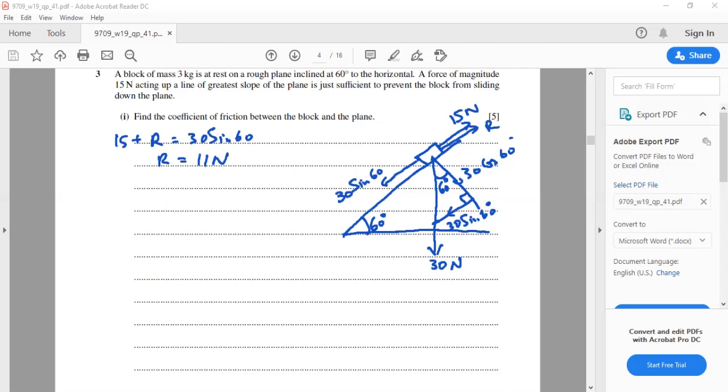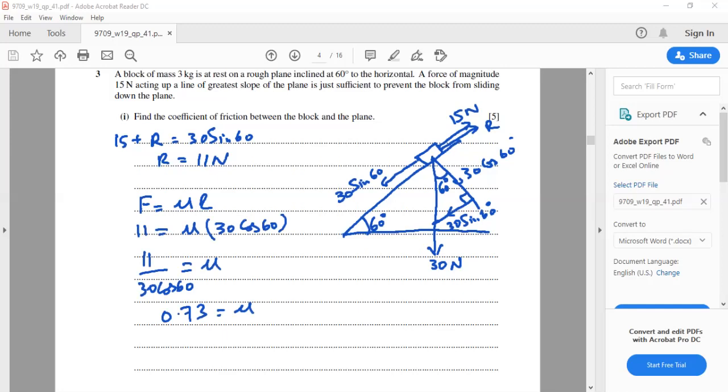Now, this R is the frictional force, and for finding the coefficient of friction, we have F equals mu R. F is 11 Newton, and the normal component is 30 cos 60. So mu is equal to 11 over 30 cos 60, which gives mu equals 0.73. Now let's go for the next.